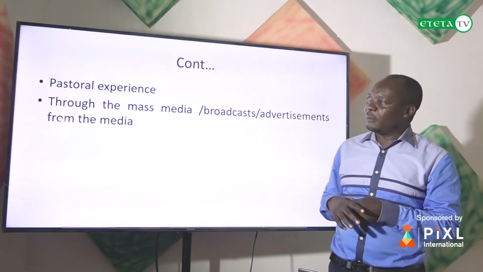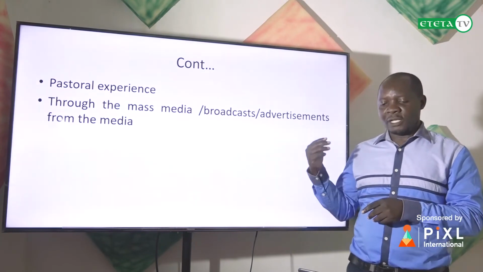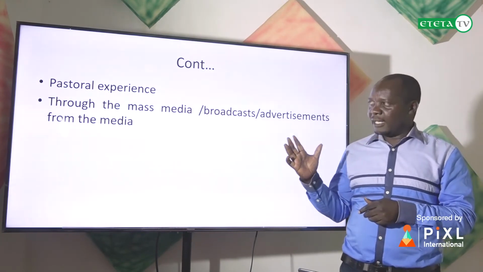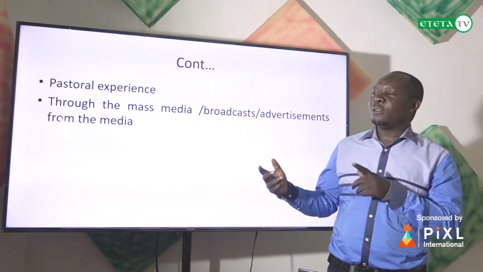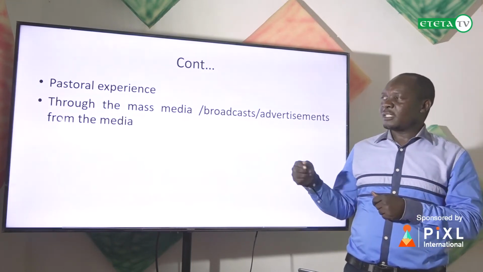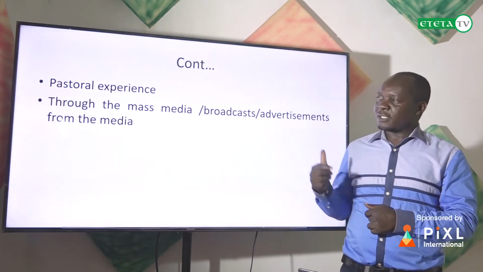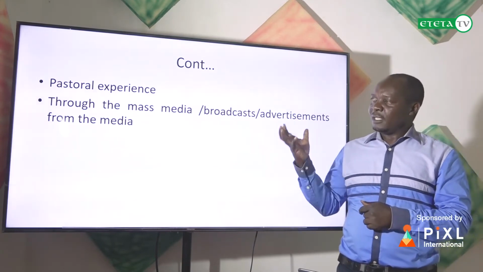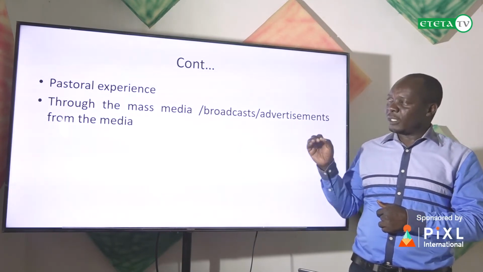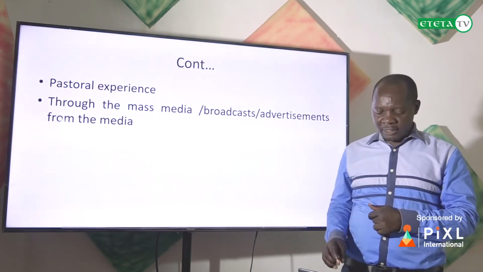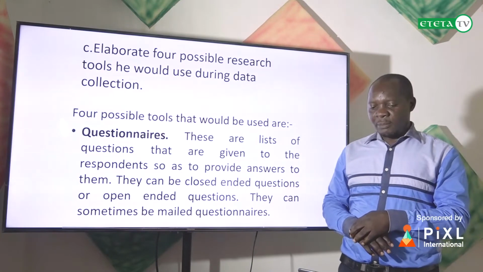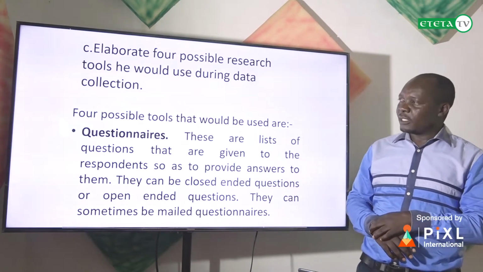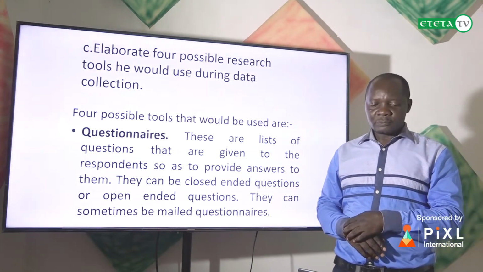But number two, it can be the mass media, because that person heard about the news of the killing of the farmer through the radio, because that person was somewhere at boarding school, but he got that information from the radio. So mass media is another source that helped to get that research problem.